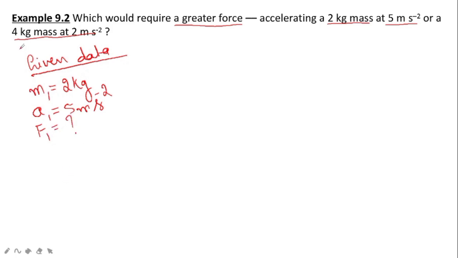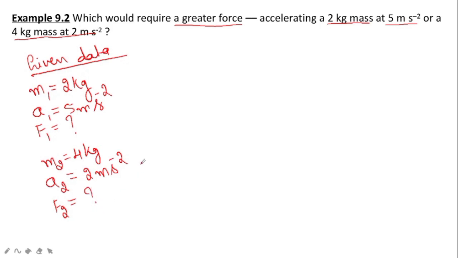And then for the second object, we will take m2 is equal to 4 kg and the acceleration related to the second object as a2, which is equal to 2 meter per second square. Then the force related to this object, we will take it as f2 which is equal to question mark.